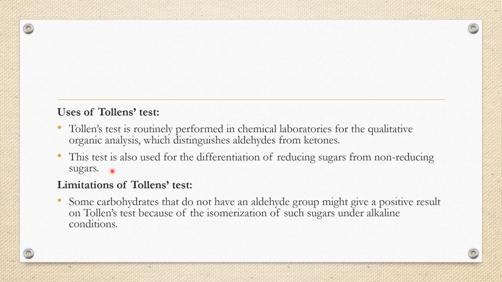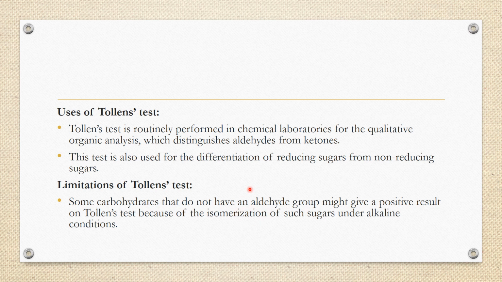The limitation of Tollen's test: some carbohydrates that do not have an aldehyde group might give a positive result. Why? Because Tollen's reagent is a strong oxidizing agent, and the alkaline medium and the Tollen's reagent can cause isomerization of such sugars.